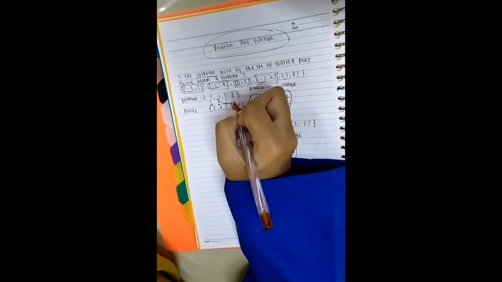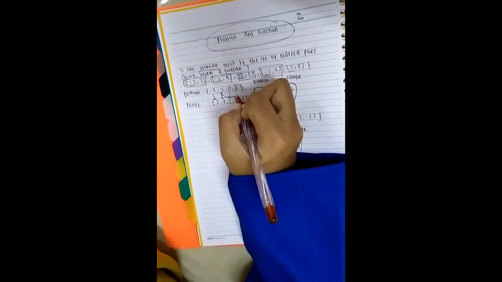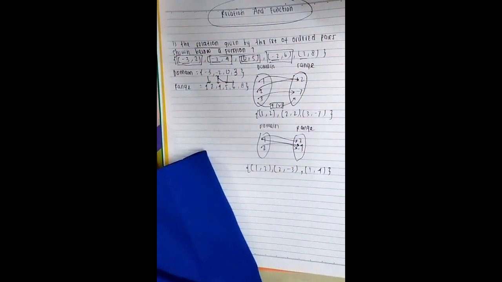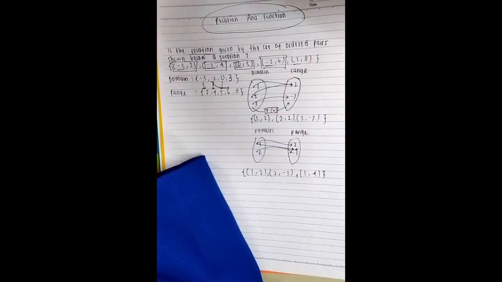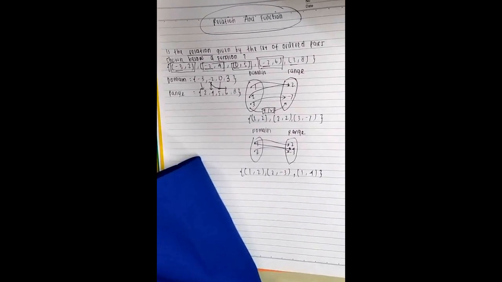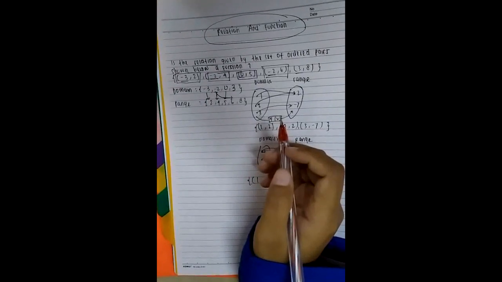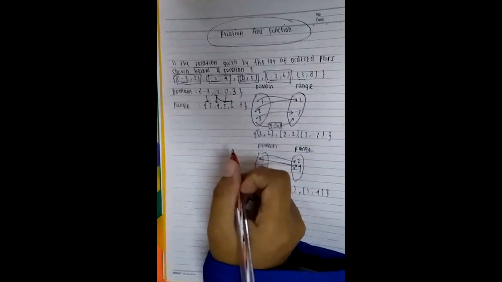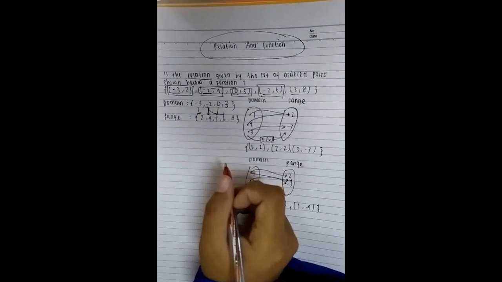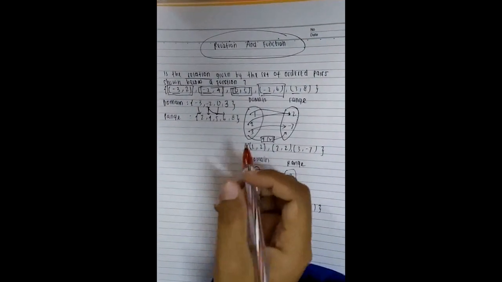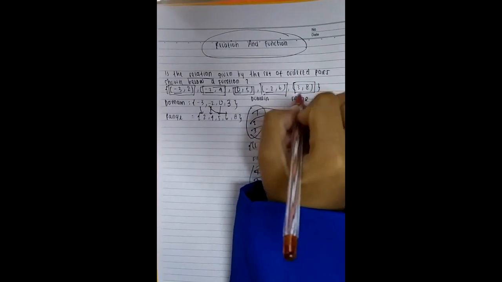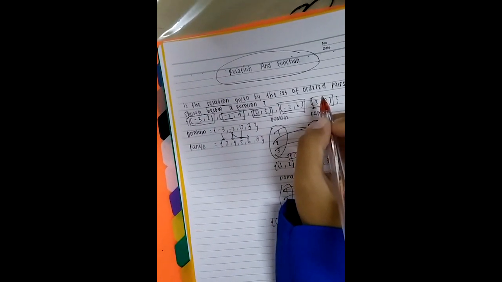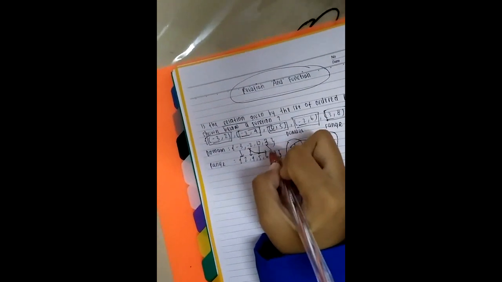And then finally, I will do this in a color that I haven't used yet, although I've used almost all of them. We have 3 is mapped to 8.